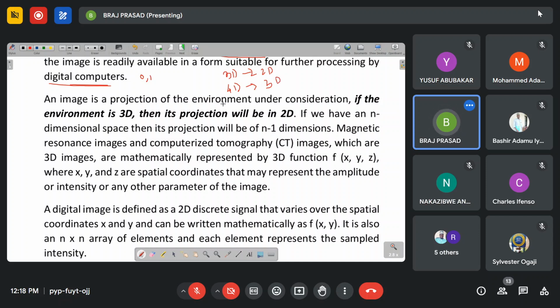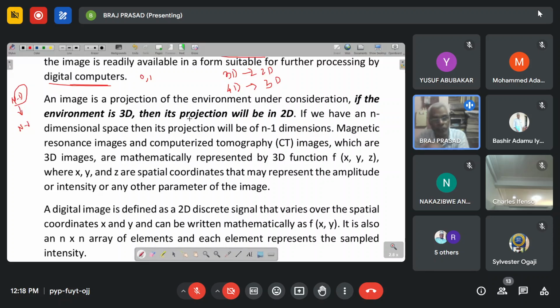If the object is in n dimensions, then its image will be in n minus 1, one less than the original dimension. So this is the relation between projections. The image of a 2D object will be in one dimension. The image of a 3D object is in 2D, and for 4D it is in 3D, and if it is n, then it is n minus 1 D.